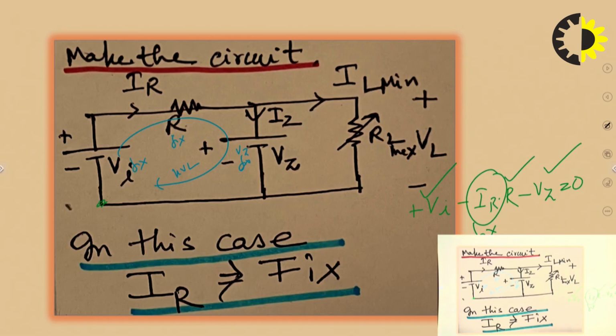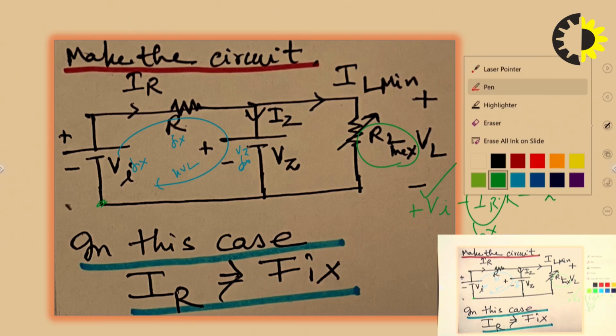Now RL minimum we have already calculated, right? If RL minimum is calculated, then RL maximum we need to find out. Now just listen to whatever I am saying, it is important.